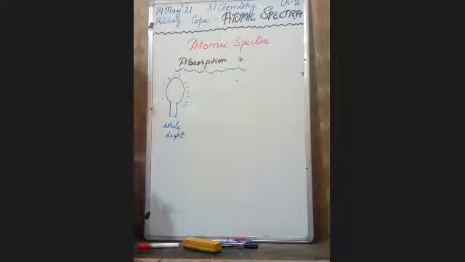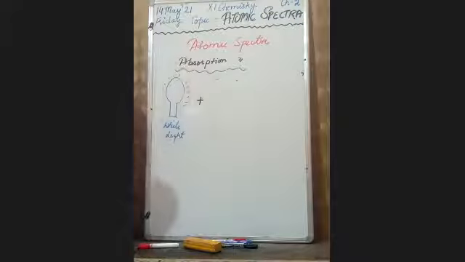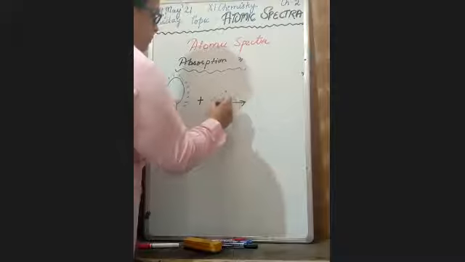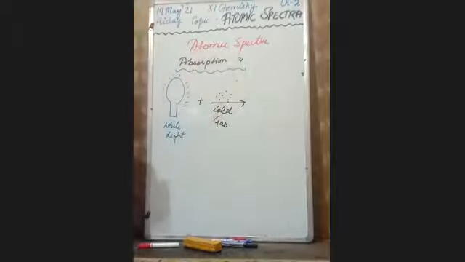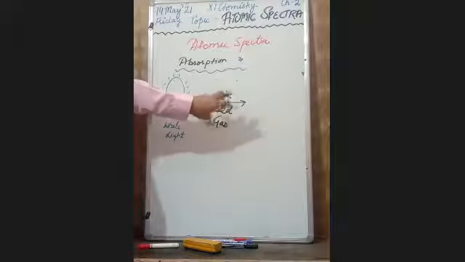For example, I am passing this white light through, suppose, any cold gas. Then some of the radiations of white light are absorbed by this gas.